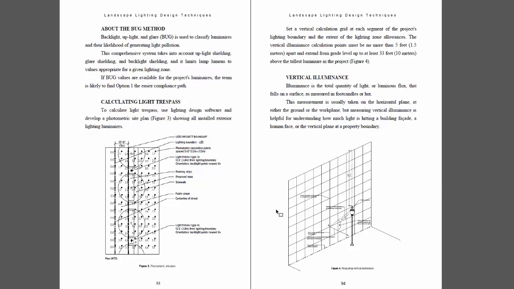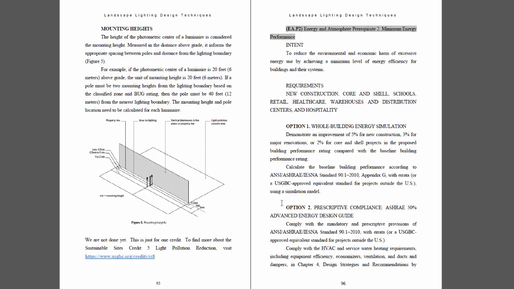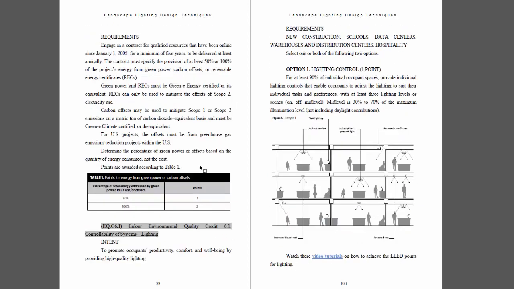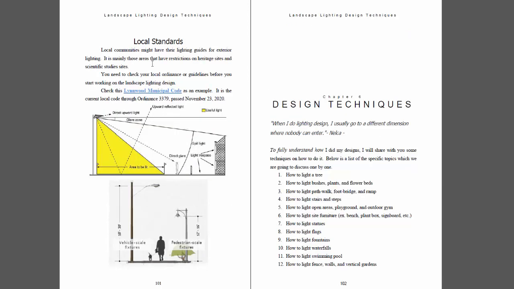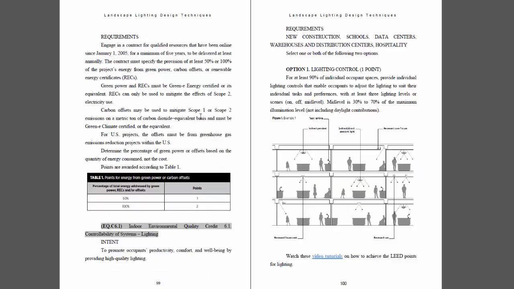Vertical illuminance should also be limited. There are so many requirements if you're aiming for LEED certification, including the mounting and distance of your luminaires from the boundary. You also need some simulation and energy conservation, where the energy or power usage must be less compared to the regular standard. So that's for LEED.